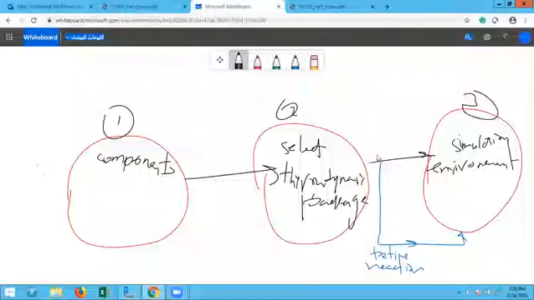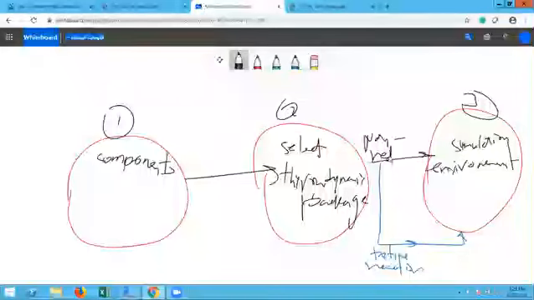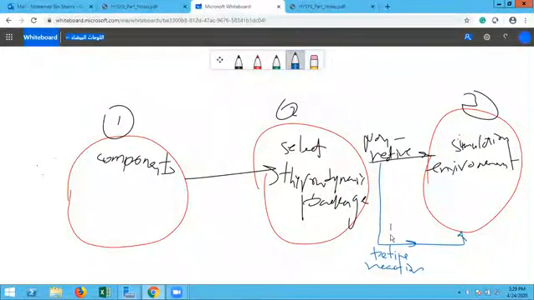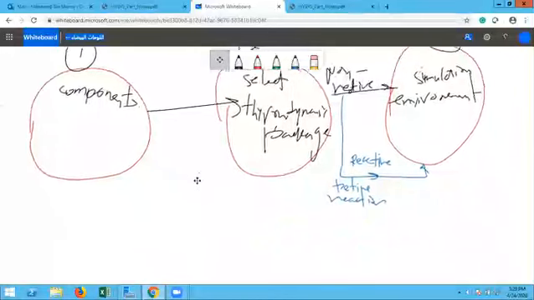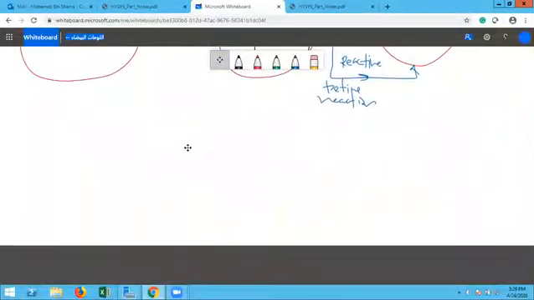So the black path here is for a non-reactive system, and the blue path is for a reactive system. These are the three steps that you need to do every time you want to solve a problem in HYSYS.